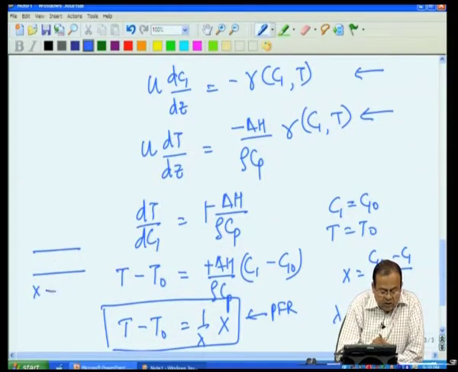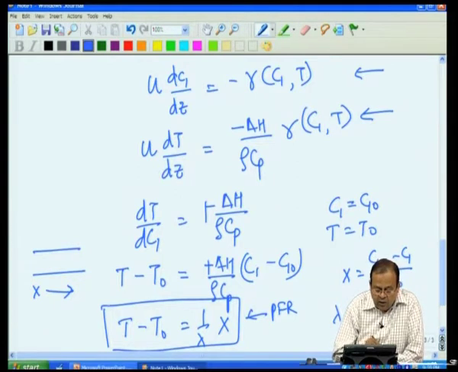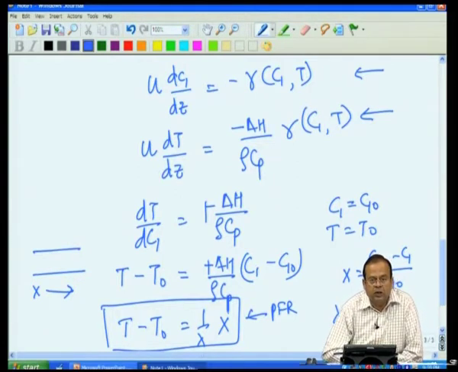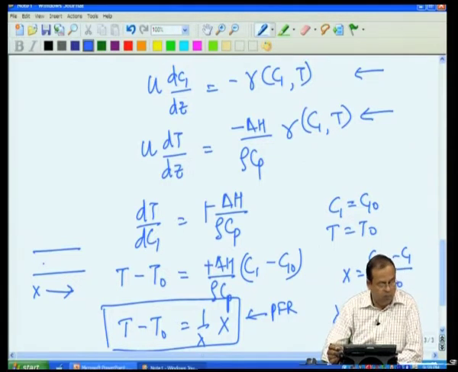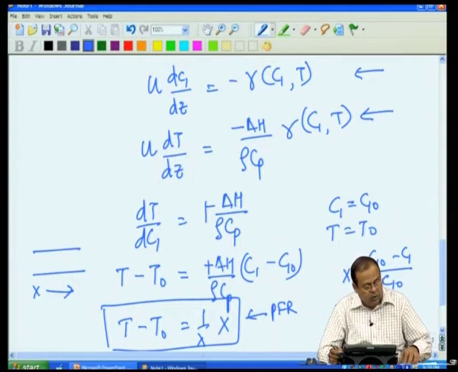So, x is changing along the length of the reactor, and so is the temperature, but the way temperature and conversion are related remains the same. That is, the relationship is the same, but these are two different interpretations of what is happening in the reactor.